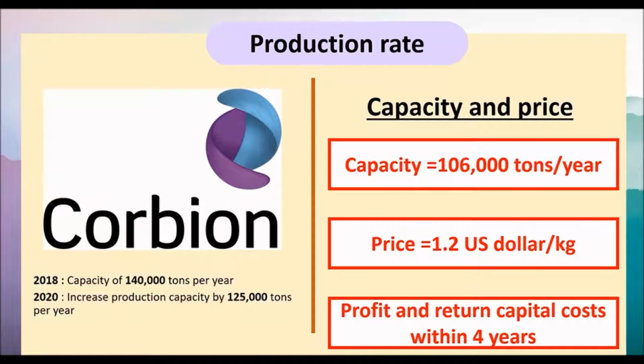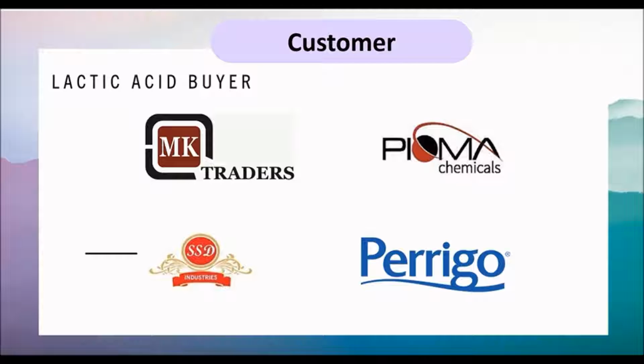So the production rate is 106,000 tons per year and sold at a price of $1.2 per kilogram, which is close to the best of the major Thai lactic acid exporter and covers the increasing demand of the world market every year and can still get a profit and pay back within 4 years.